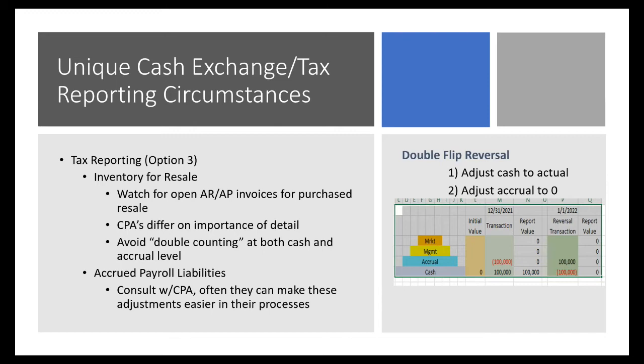So in my example here, over the bottom right, I have two entries. I have $100,000 going into an asset account at the cash level, so when you run the reports at the cash level, what shows up is $100,000, but at the accrual level, I reverse that right back out.